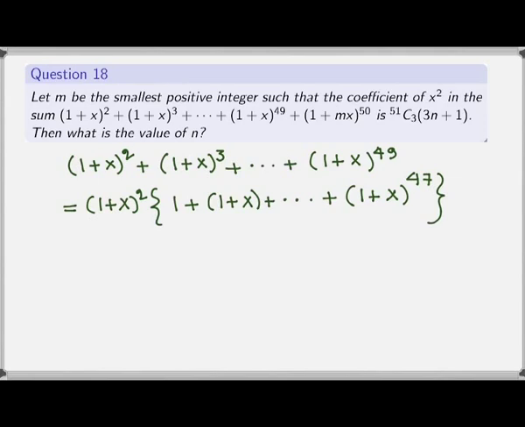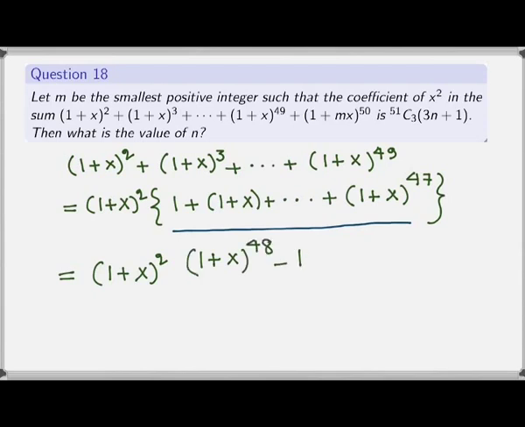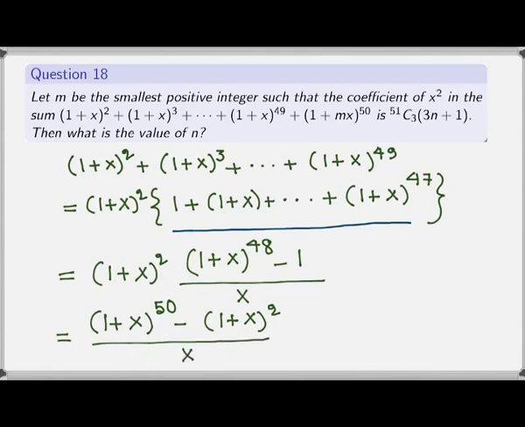Now note that this inside part is a geometric series. Therefore, we can write the whole thing as (1 plus x) whole square into [(1 plus x) whole to the power 48 minus 1] divided by [(1 plus x) minus 1, that is equal to x]. So, this is equal to [(1 plus x) whole to the power 50 minus (1 plus x) whole square] divided by x.